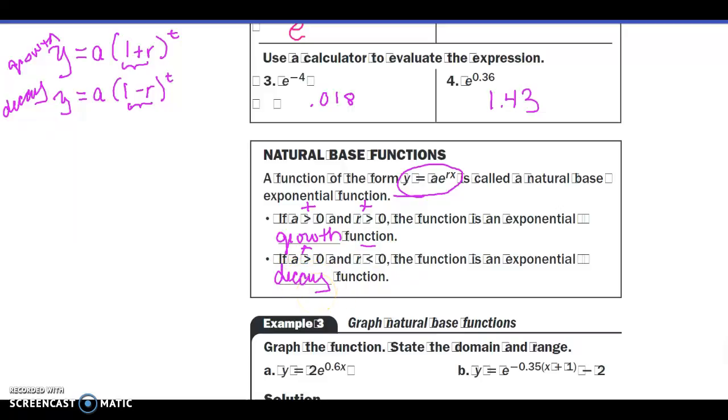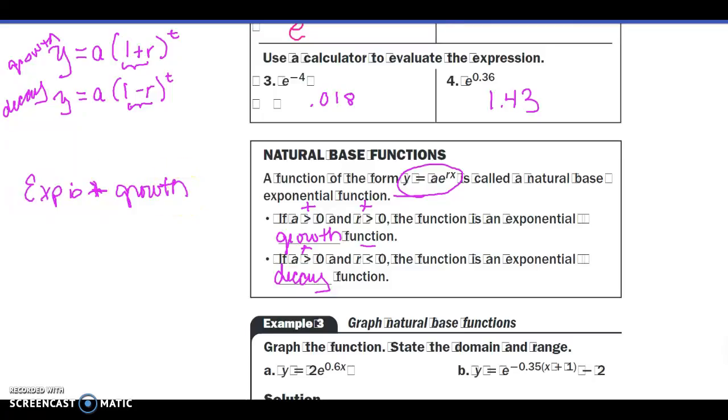Now, a can't be negative, okay? Here, they're both positive. The point is, if the exponent is positive, that's a plus sign, then you have growth. This is only with e.